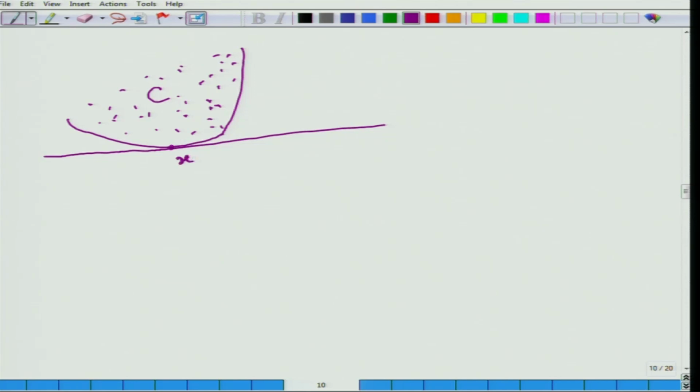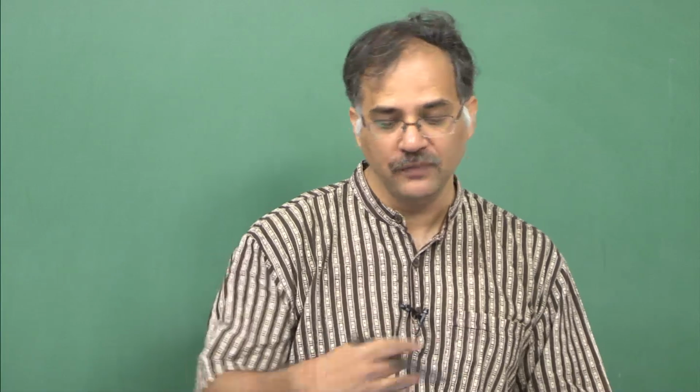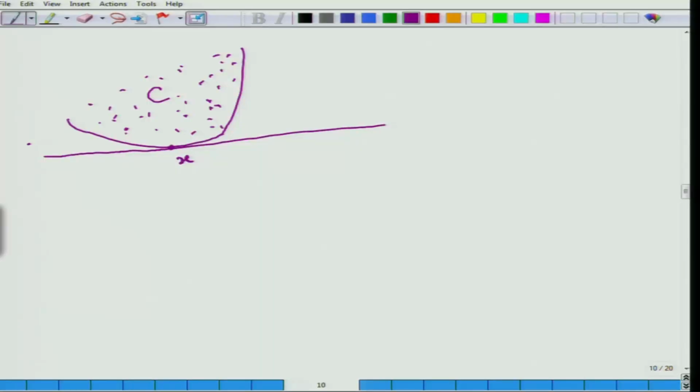I can always prove that there is a hyperplane passing through this point x, so that the whole set C is in one half space, it does not have two half spaces. For example, if I take a point inside and try to draw a line, I can draw a line, but then the set C would be covering both the half spaces.